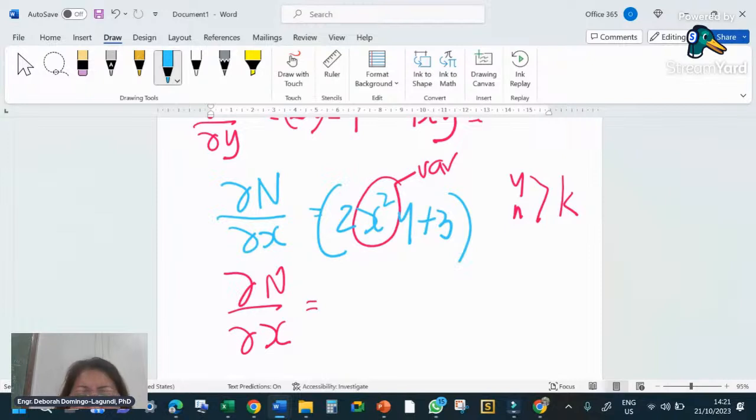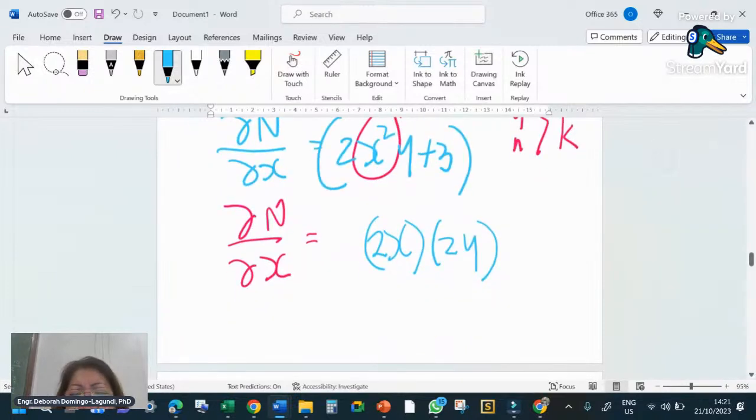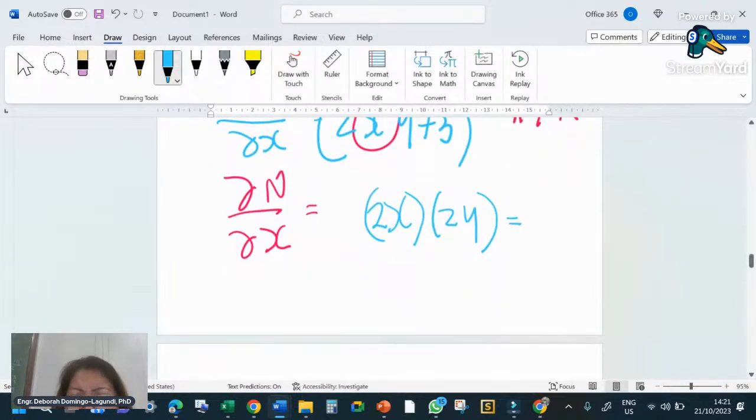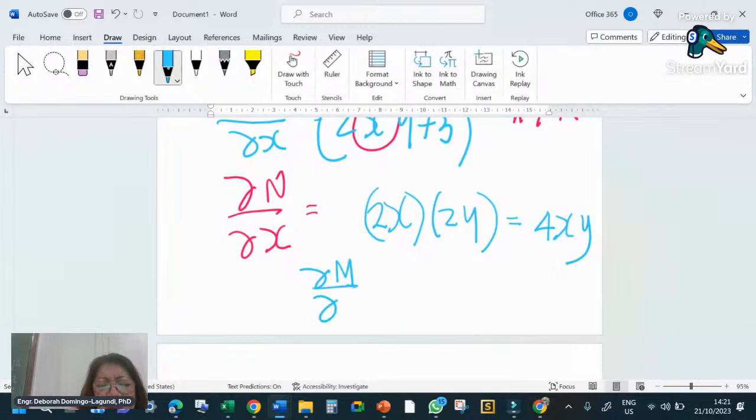So if x is a variable, that becomes 2x. All right. And we copy 2 and y because they are variables. The 3 will become 0 because that is a constant itself. 2 times 2 is 4, x and y. So there you go. We have the partial derivative of m with respect to y must be equal to partial n over partial x.